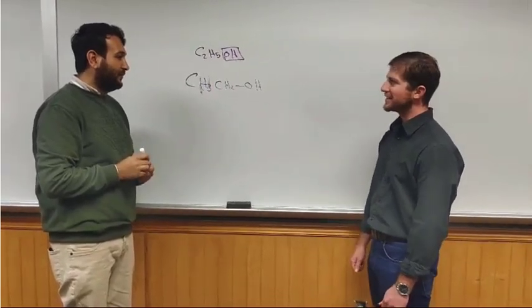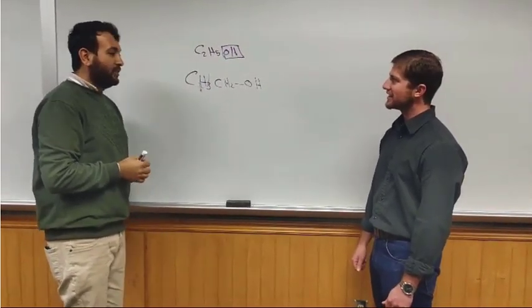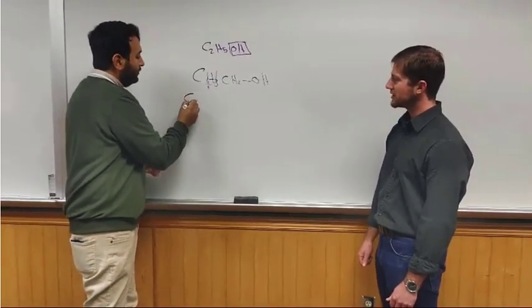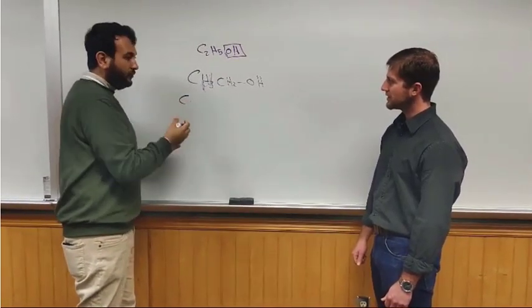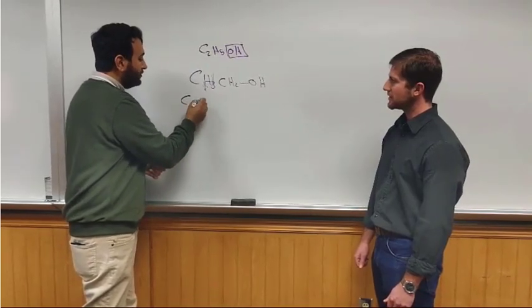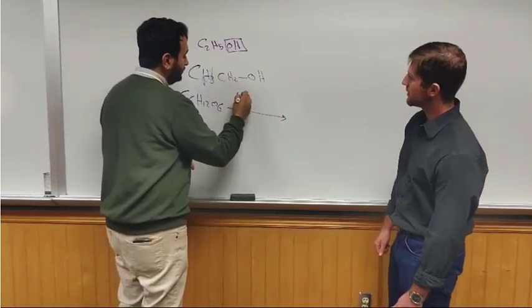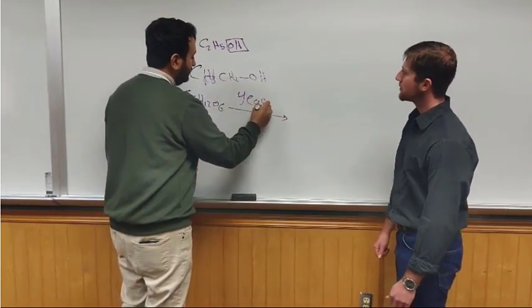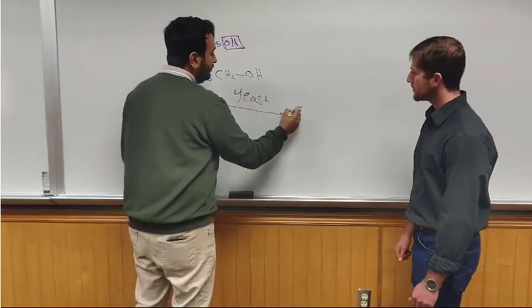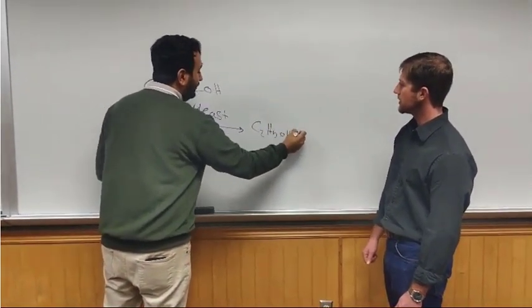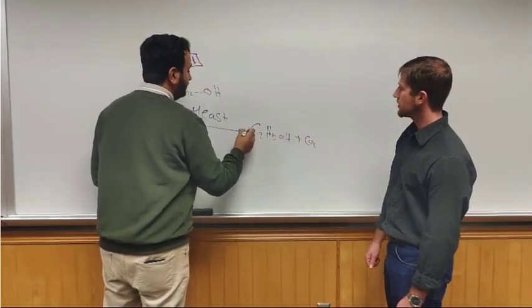So how is it made? Actually, it's made using a fermentation process using yeast. We can use a different sugar like glucose. It will produce an alcohol and carbon dioxide.